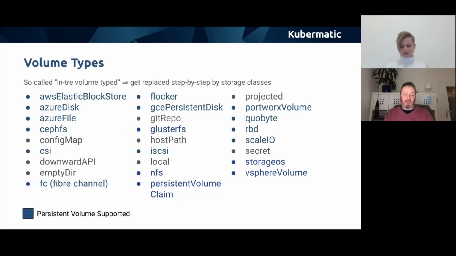So there are so many different ways of doing it. NFS from any NFS server outside, which is reachable by or bound into Kubernetes. You have different ways to provide volumes to your system.